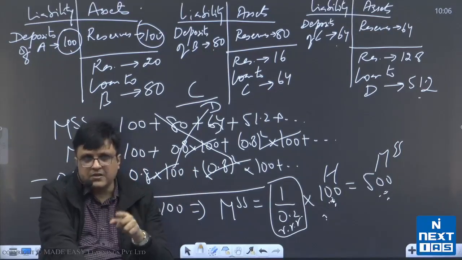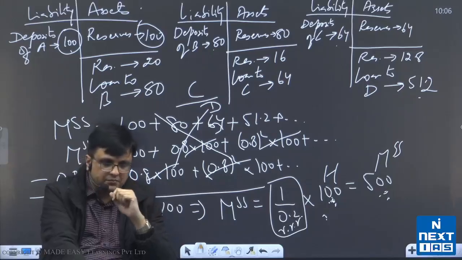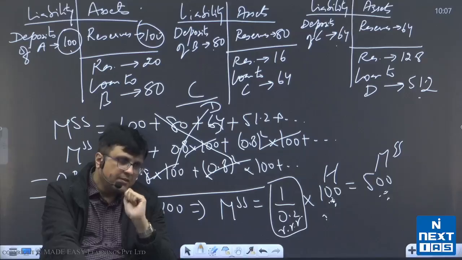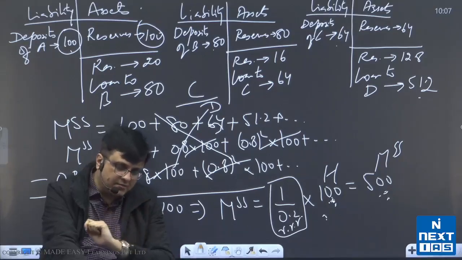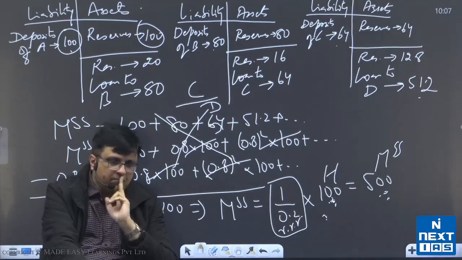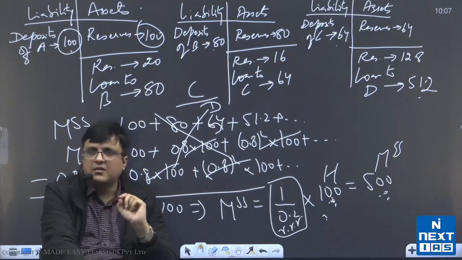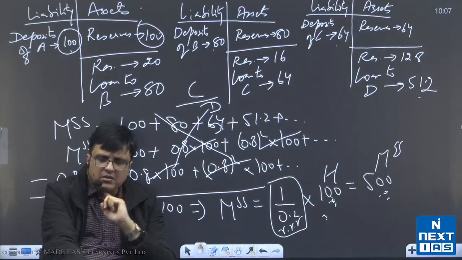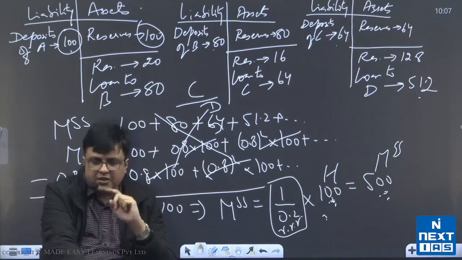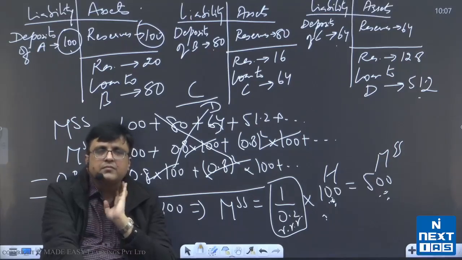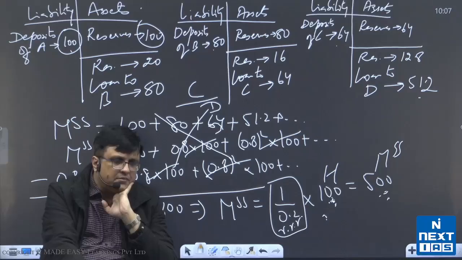I'm making you write these things. Please take them down. You write point 1. There is inverse relation between required reserve ratio and money multiplier.